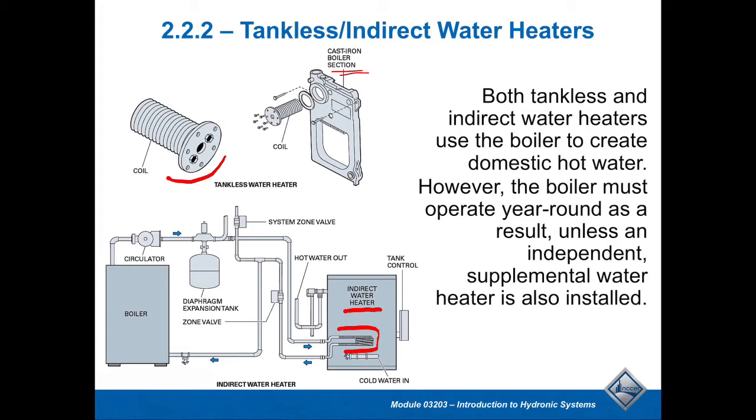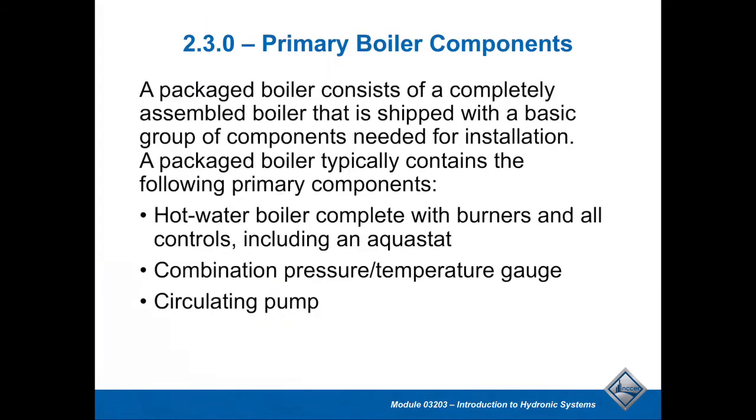So they're very different systems, but that's typically what would happen. It's a very efficient way to operate for your domestic hot water, and it uses the boiler all year round. The beauty of them is the longevity. They last so long, you typically don't have a problem with those tanks.